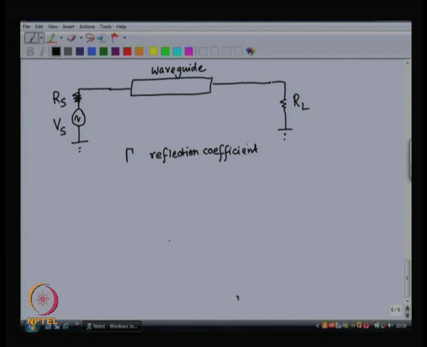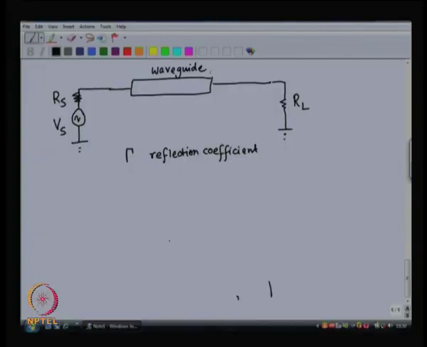So, if there is a wave, it is a waveguide, there is a wave hitting a certain object, a portion of the wave gets absorbed into the object, a portion of the wave reflects back from the object. So, what portion of the wave is reflected back from the object is given by the reflection coefficient.